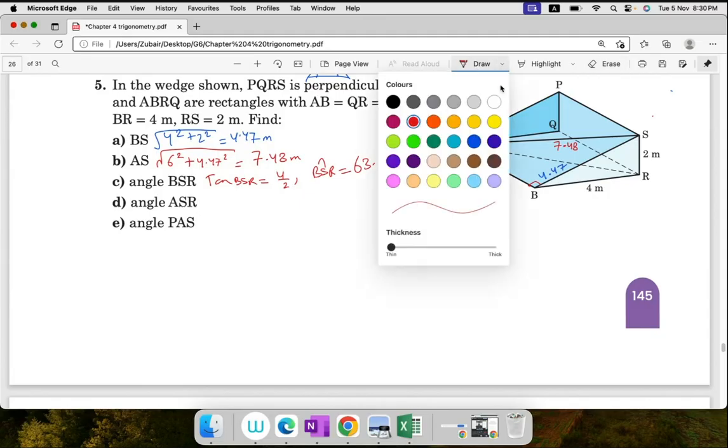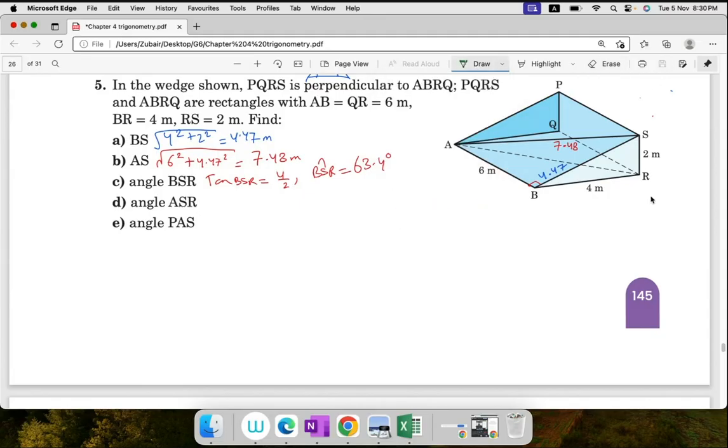Next angle ASR. If I extract that out, this is A, this is S, this is R. We know ARS is 90 degrees, AS is already 7.48, SR is already 2.